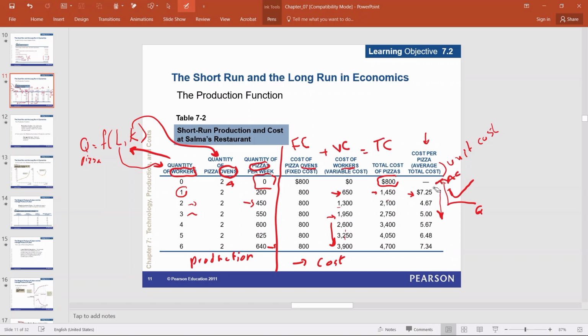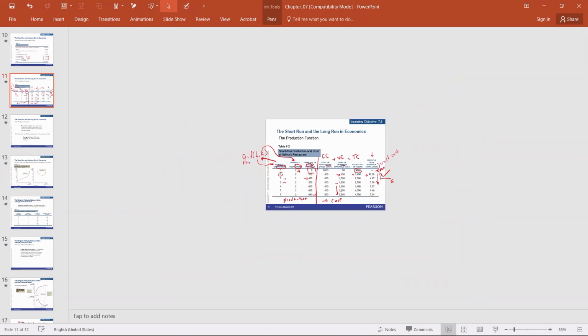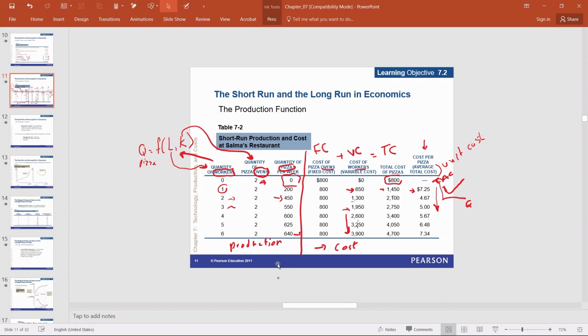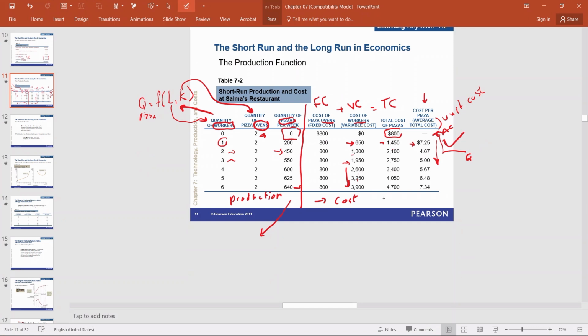And also if we plot these types of costs, we'll make this graph. This is quantity, and this is cost. All types of cost are here.